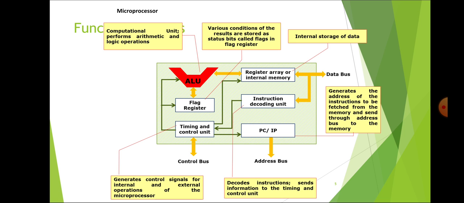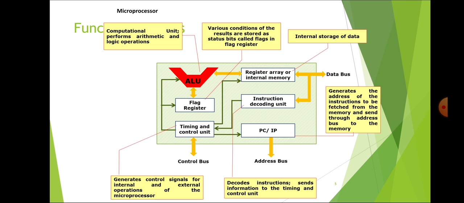It controls all internal and external circuits. In the timing and control unit, it accepts the information from the instruction decoder and generates the microsteps to execute it. In addition to this, this block accepts the clock inputs and performs the sequencing and synchronization operations. Synchronization is required for communication between the microprocessor and peripheral devices.